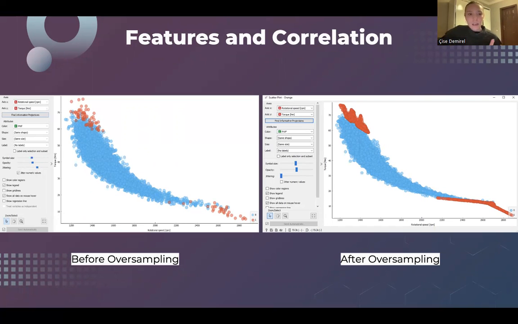And this is about the relationship between power failure and the rotational speed and torque. As torque increases at a low rotational speed, failure occurs, and as rotational speed increases at low torque values, power failure also occurs.